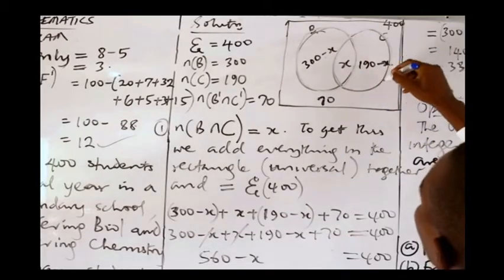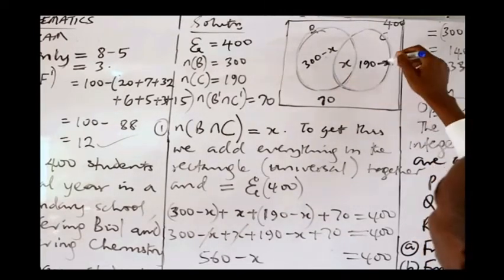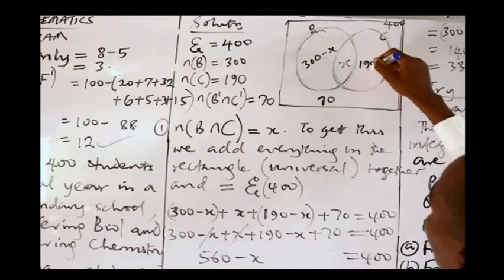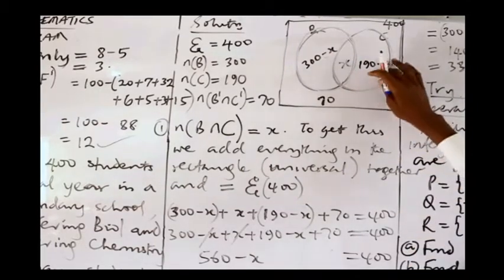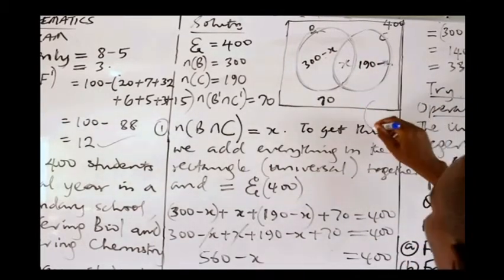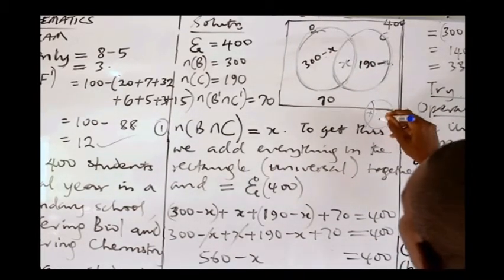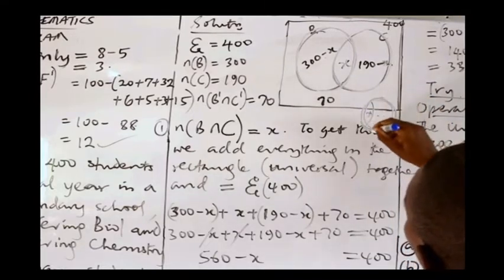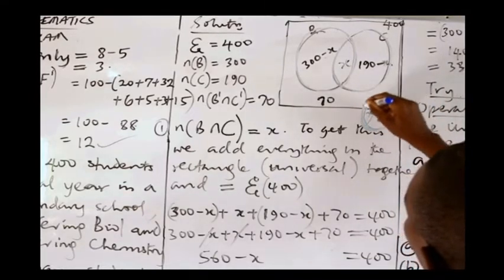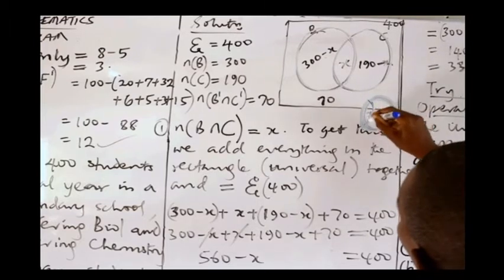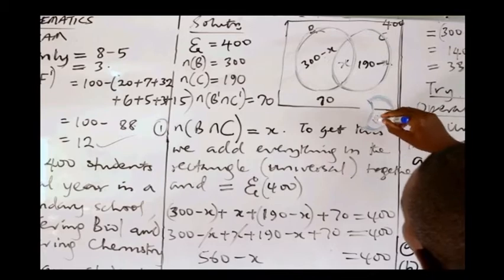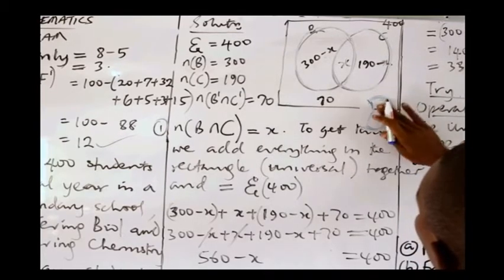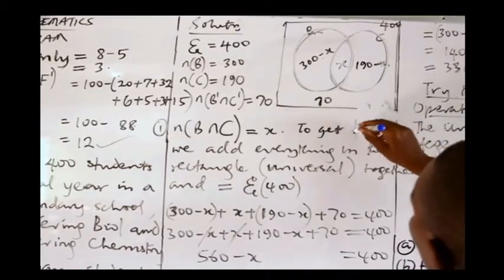If everything like this is 190, and part of it is X, then the remaining one will be 190 minus X. Just like if the whole thing is 190 and you carve out a part, X, then if you remove this, what will remain will be 190 minus X. That was how we got that.